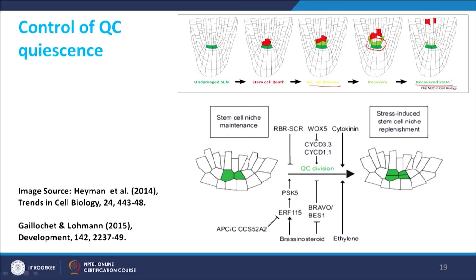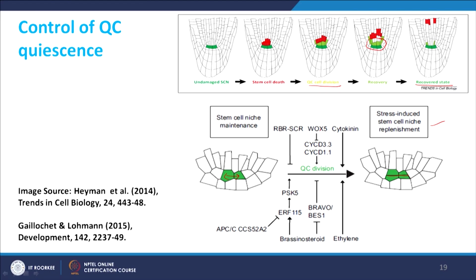Another thing you can see is that these pathways are also tightly regulated genetically. In normal conditions, the stem cell niche is maintained by the QC, but at this stage the QC is not dividing. But if there is some stress induced signal or any issue, then the QC starts a process of cell division to generate more stem cells.